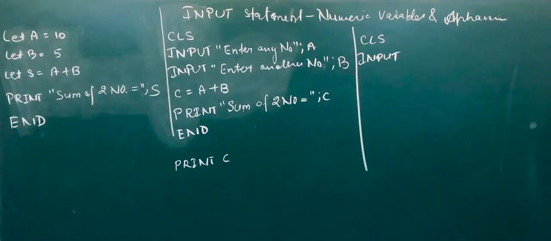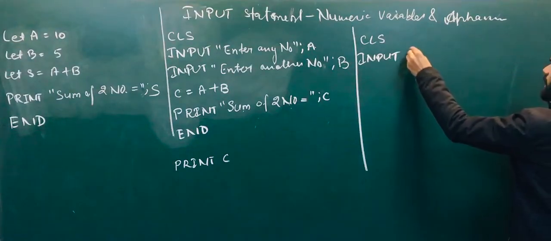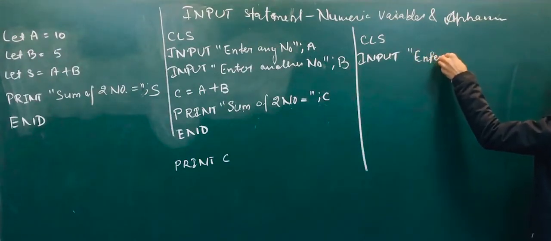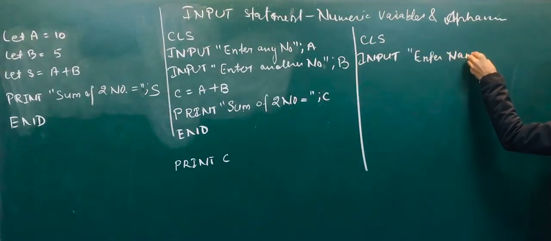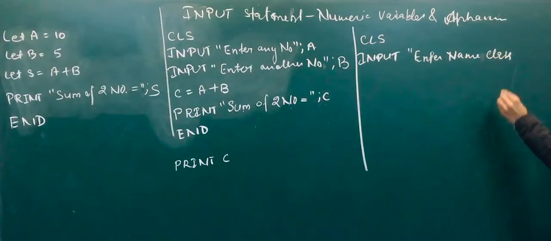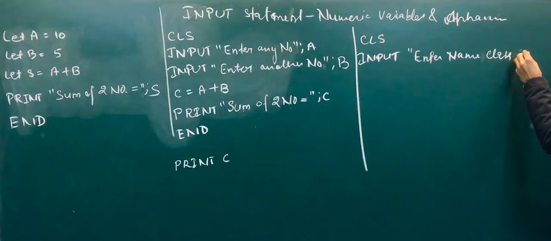We cannot store only numbers. So in input we can write "enter name, class, and roll number". Whatever name, class, roll number is entered will be stored in some variables.